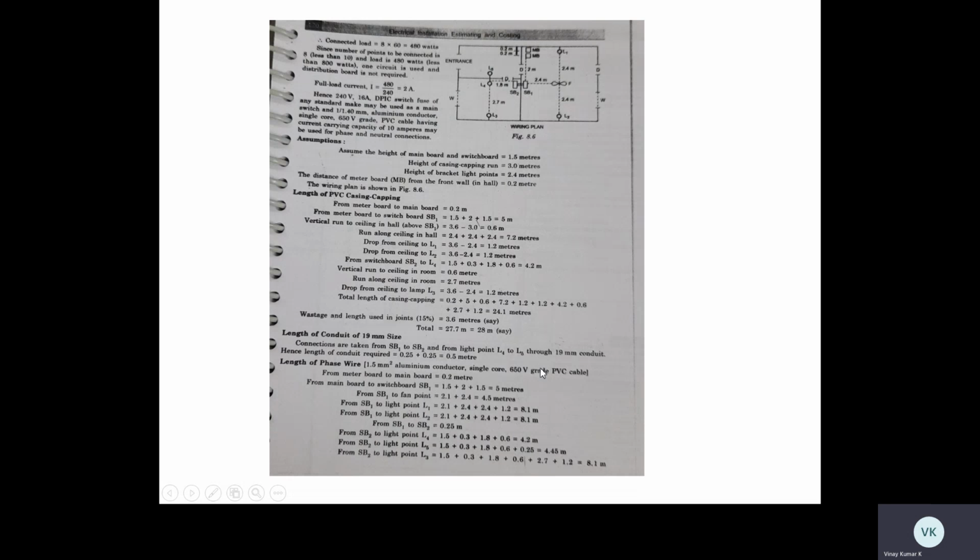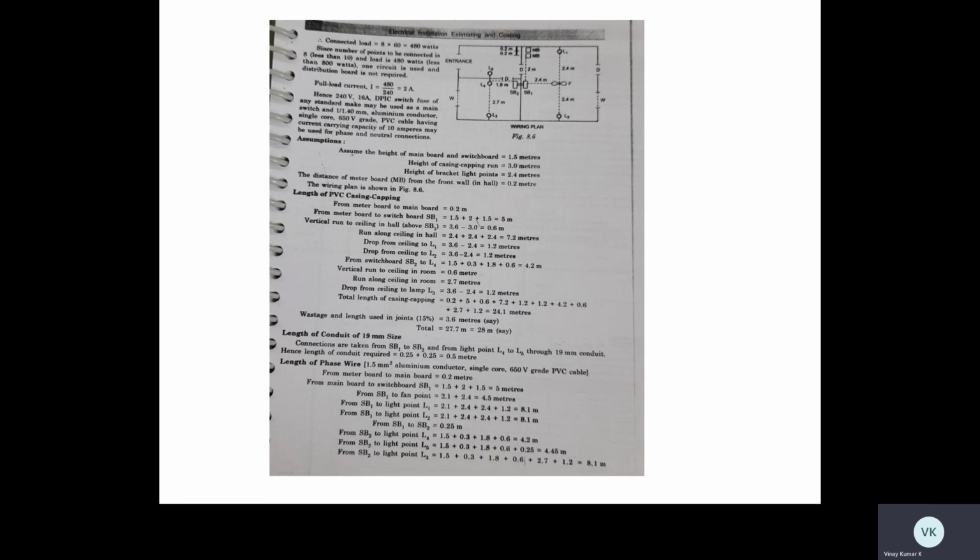Let's just take it as 3 meters. Total is 6 meters run along the ceiling in the hall. Then 2.5 meters, 2.5 meters, 2.5 meters from switchboard to ceiling fan and lamps.